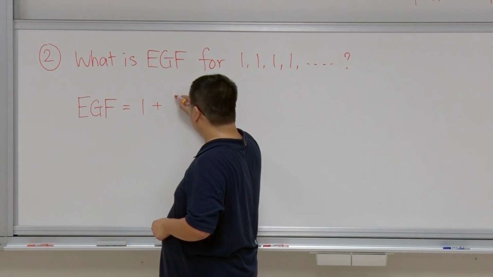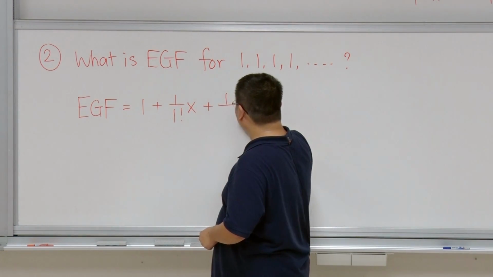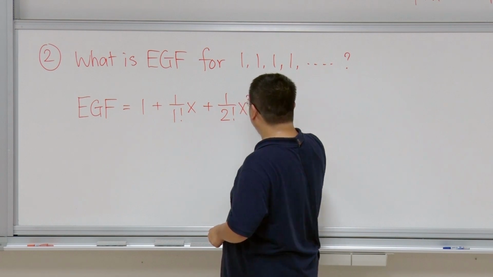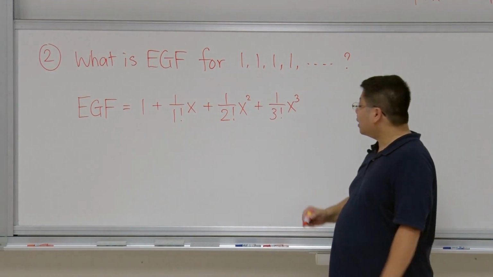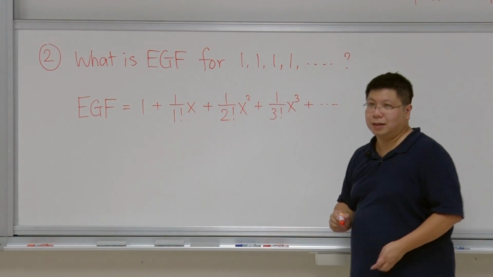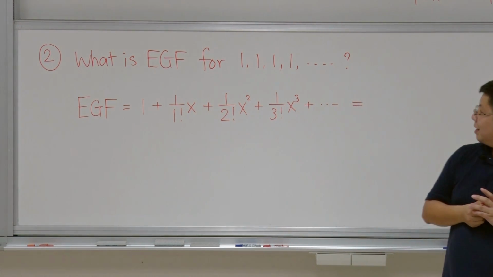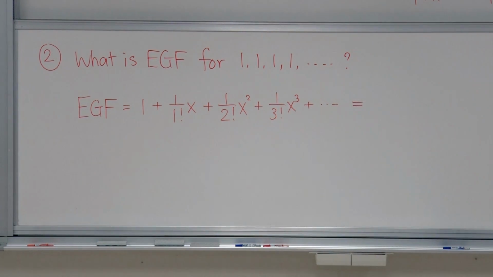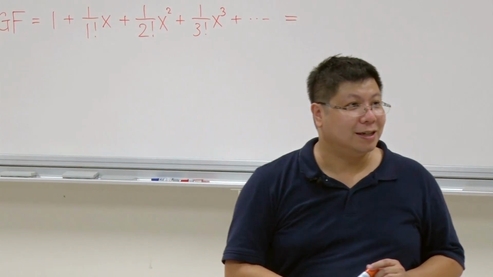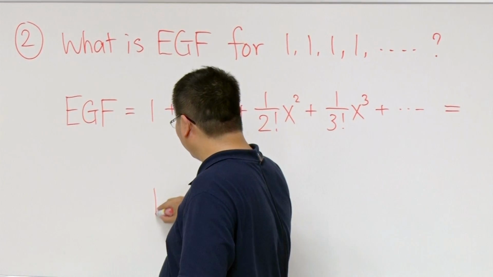1 plus 1 over 1 factorial x plus 1 over 2 factorial x squared plus 1 over 3 factorial x cubed, plus and so on. Is that okay? Can anyone recognize this one? This is going to be a Taylor expansion of something.